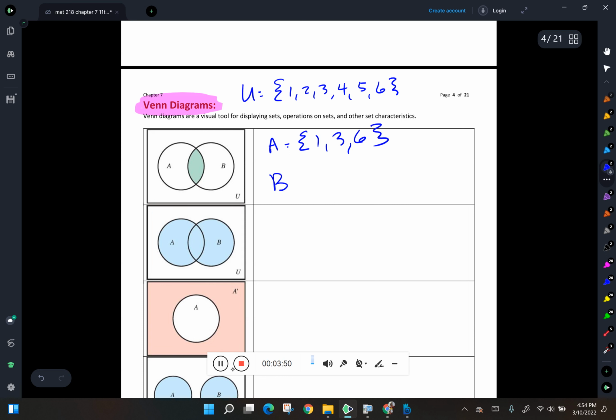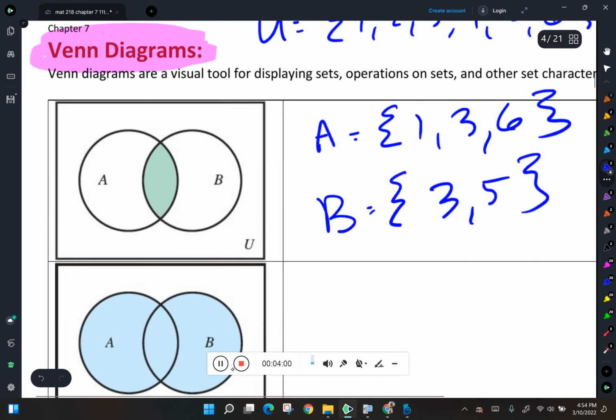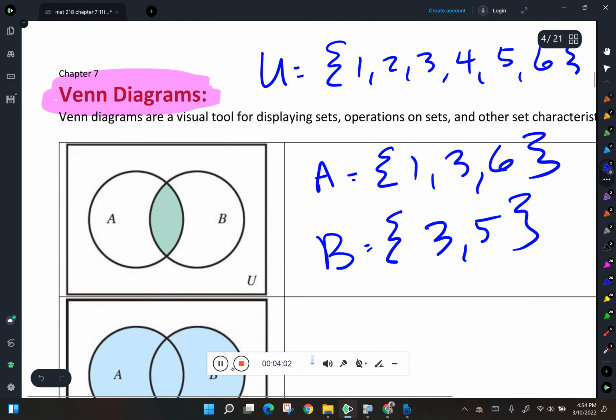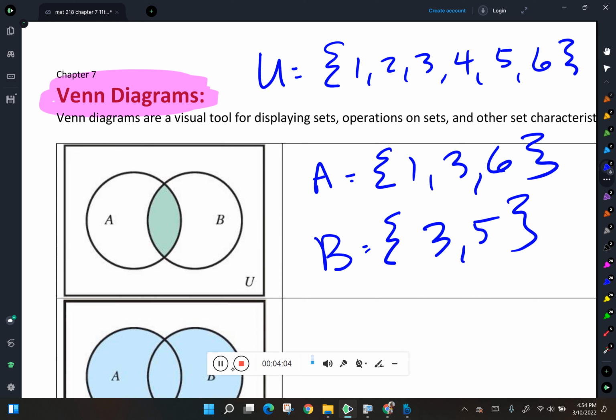Let's say that set B is the set 3, 5, and let's go ahead and properly fill in this first Venn diagram for that information. Now, the fact that the universe contains the elements 1, 2, 3, 4, 5, 6 means that inside of this box, I have to place all 6 of those elements.